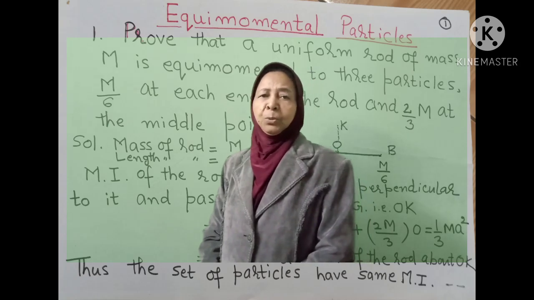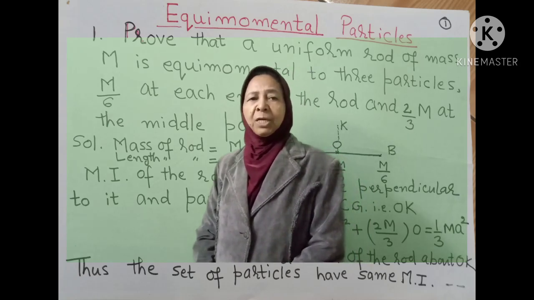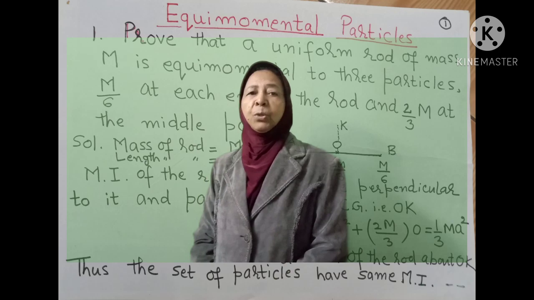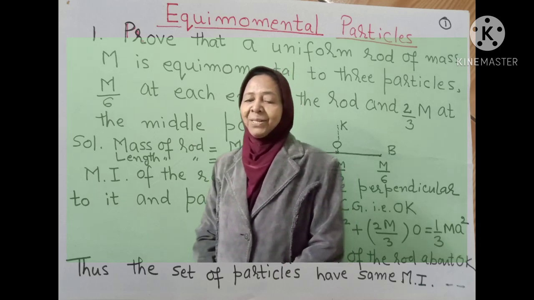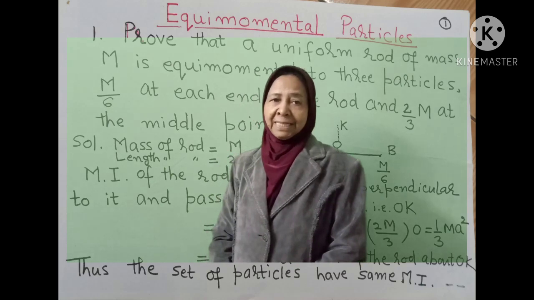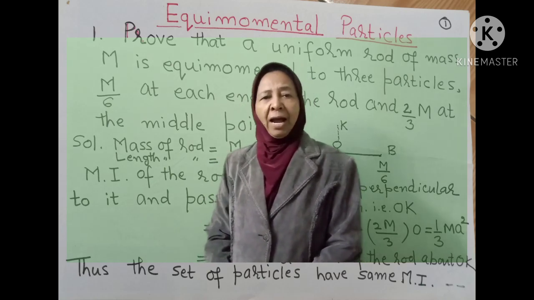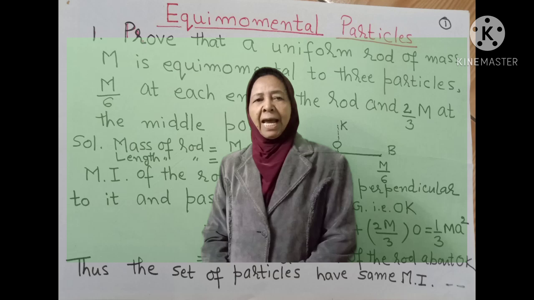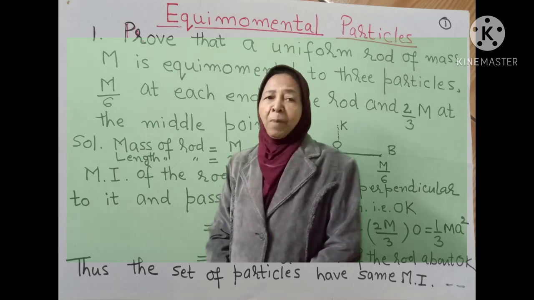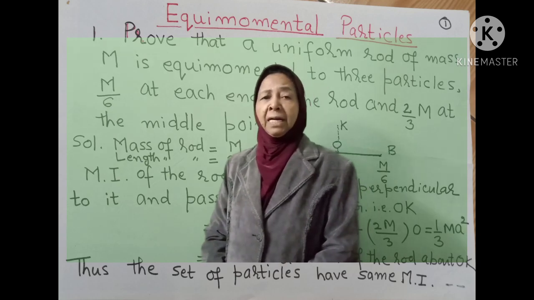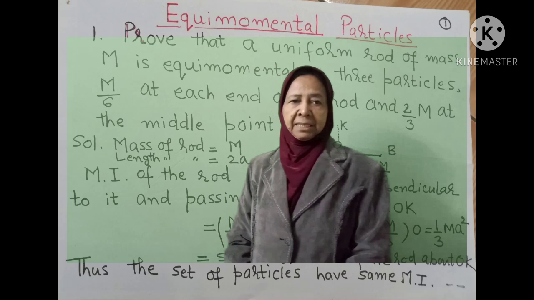Whenever you want to do a question, first of all see what is given in the question and what you have to find. Now what is given here? A uniform rod is given and you have to show that this uniform rod, whose mass is capital M, is equimomental to 3 particles.